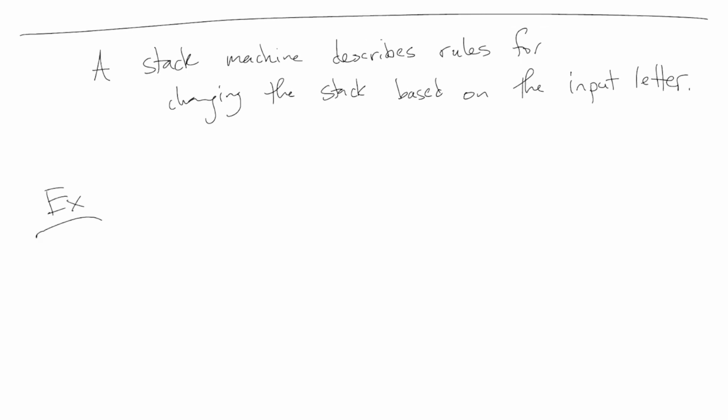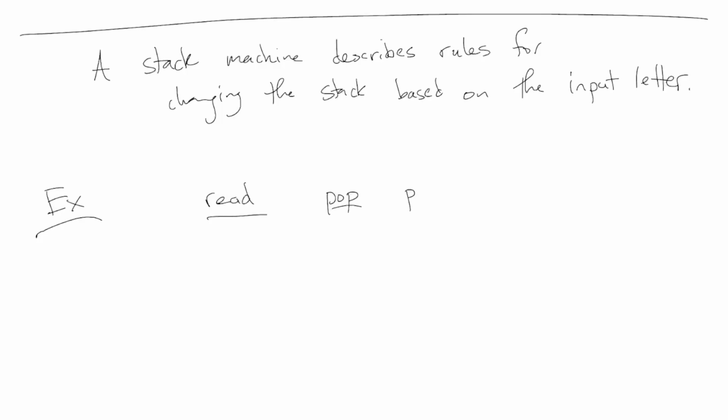Just like NFAs, DFAs, or anything else, it will take you a while to get used to working with this new type of system here. But this is a fresh start. If you didn't like grammars, maybe you'll like this. So here's how it looks. Every stack machine, I said, describes rules. And what you're going to see here is just a list of rules.